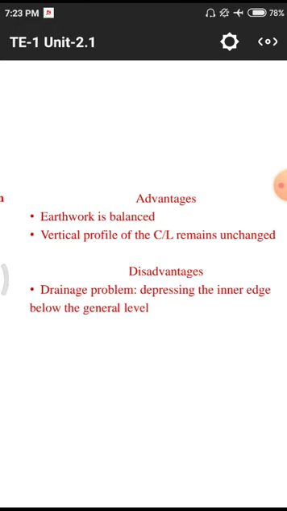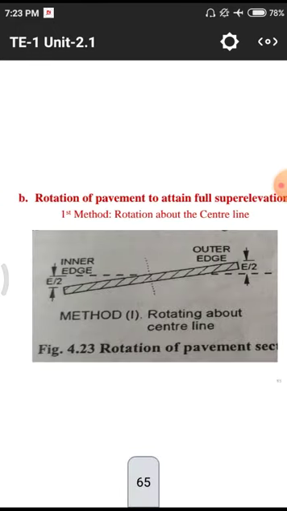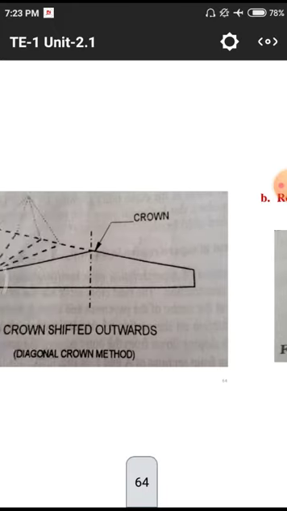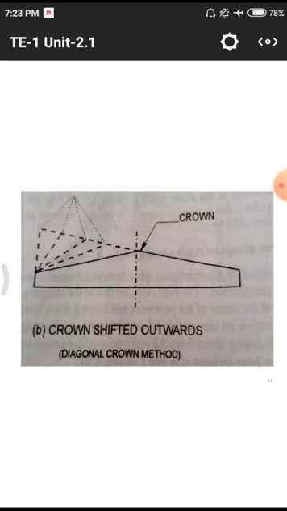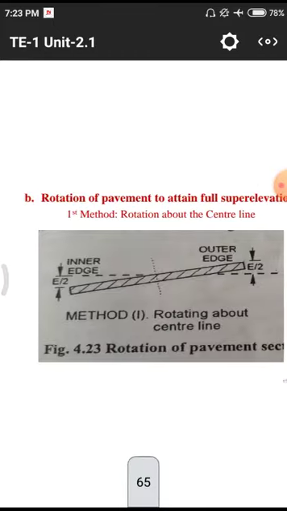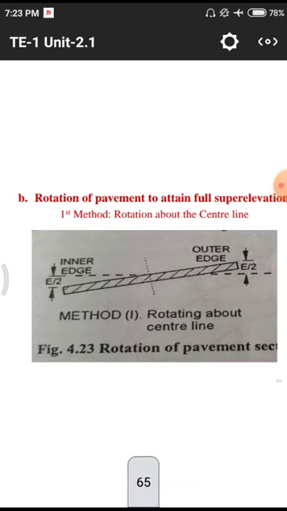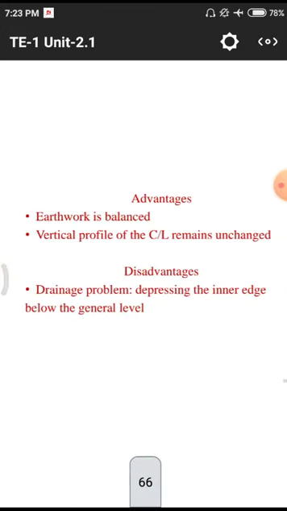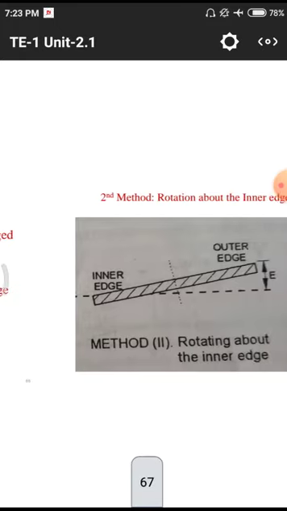By this method we have a drainage problem on one side only, but in the case of the crown-like structure, we need to face a drainage problem on either side of the road. In the case of the rising method, we have the drainage problem on a single edge only, so the disadvantage decreases.